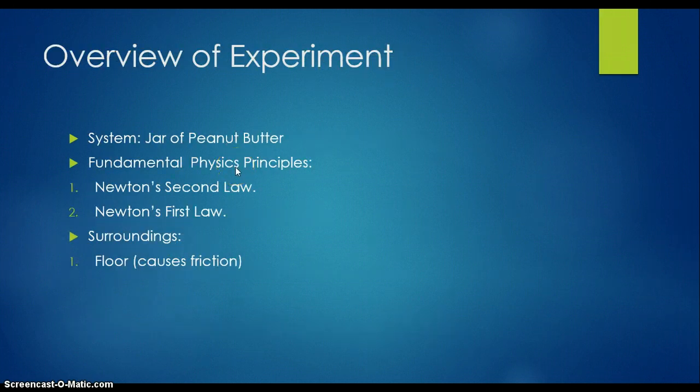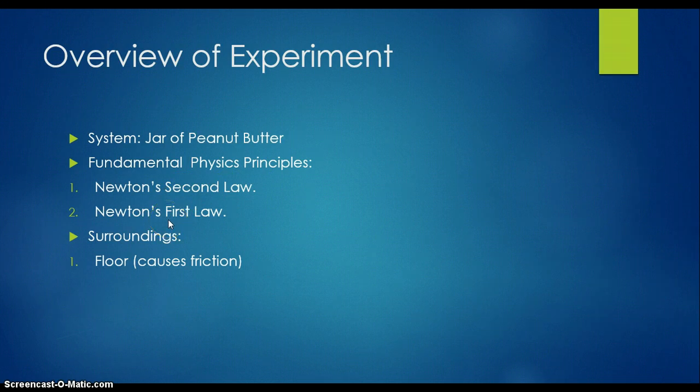Now the overview of the experiment is the following. The system is the jar of peanut butter, as I explained previously, and the fundamental physics principles taking place are Newton's second law and Newton's first law.